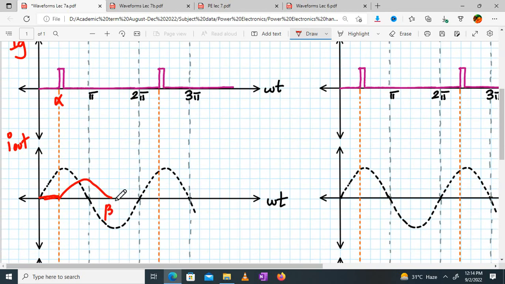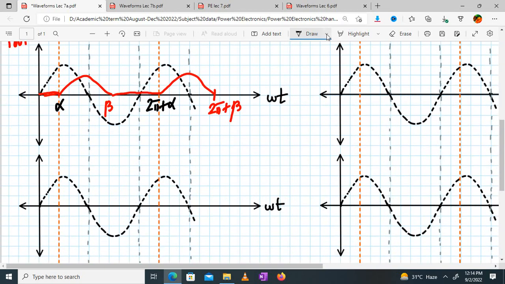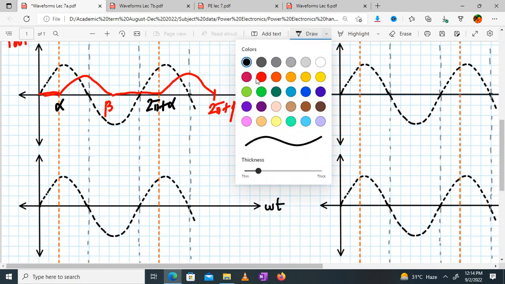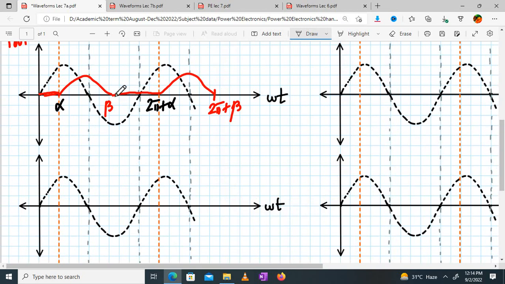It stops at beta. And then again, it stops at 2 pi plus beta. So this is alpha, this is pi, this is beta, this is 2 pi, and this is alpha. We have to draw that dotted line for beta.